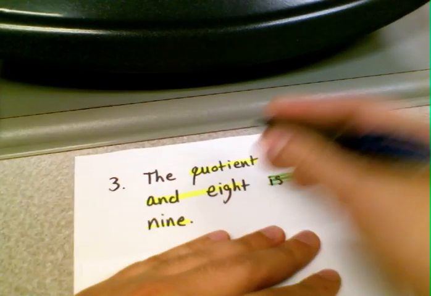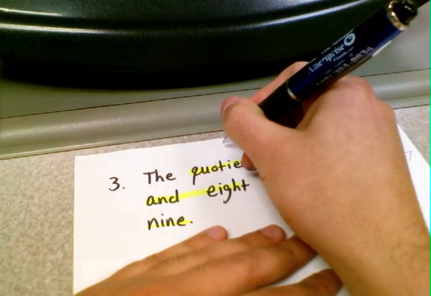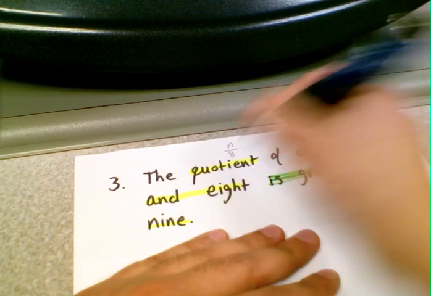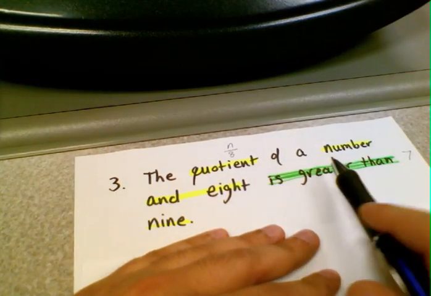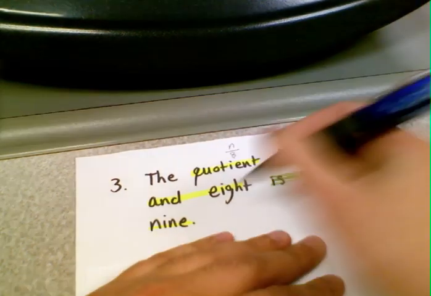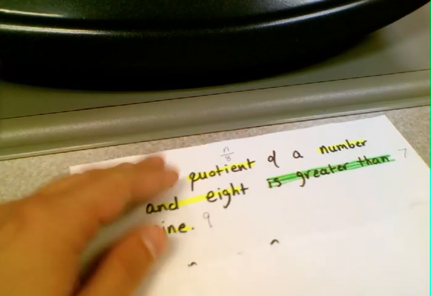The quotient means division of a number and 8. And I'm going to write this here as n divided by 8. N is going to be my letter to represent the word number. N divided by 8 is greater than 9, right, which is the number 9.